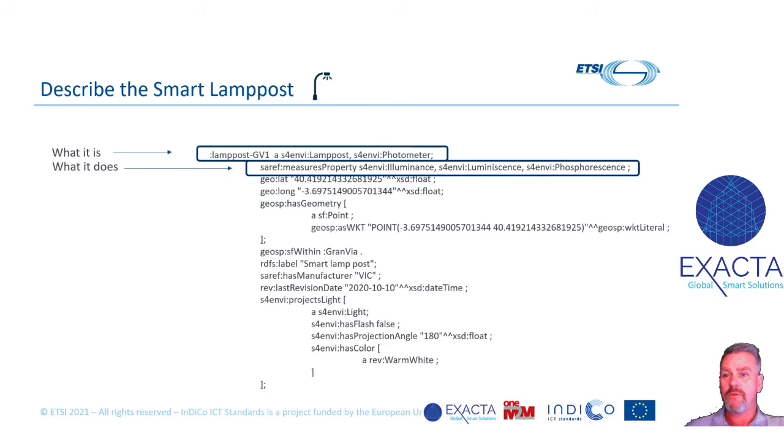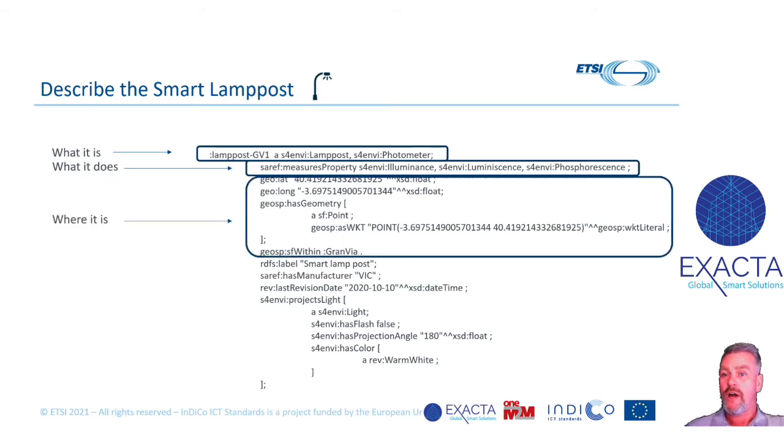Also, I'm describing what this smart lamppost does, what this device does. In this case, the sensor aspect of the lamppost measures some properties, and those properties are listed here. They're also extensions of the SERIF-based ontology. This particular lamppost measures illuminance, luminescence, and phosphorance.